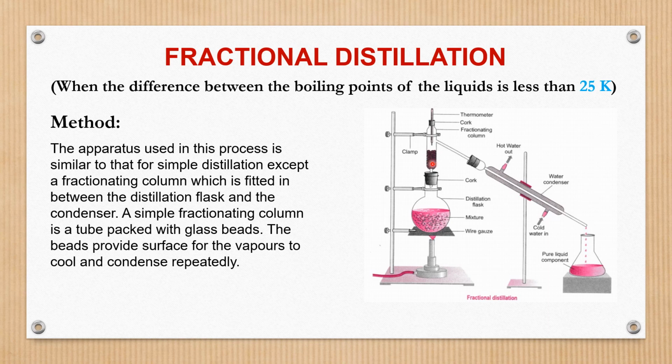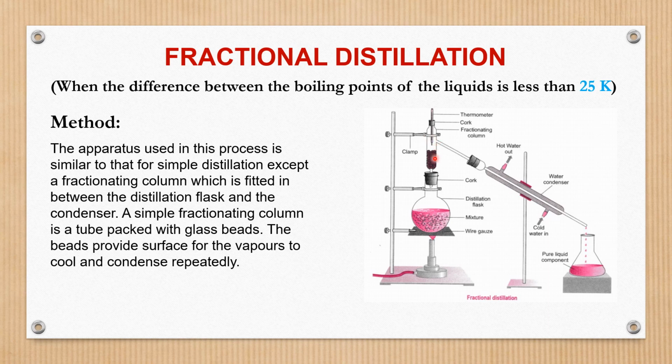And why do we put glass beads into this fractionating column? The beads provide surface for the vapors to cool and condense repeatedly. With more surface, there is time for the vapors to cool and change to the liquid state.